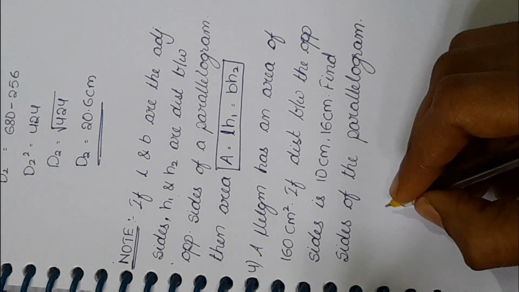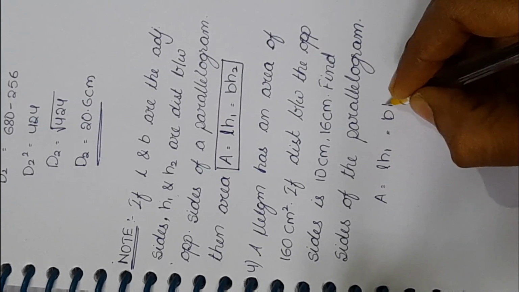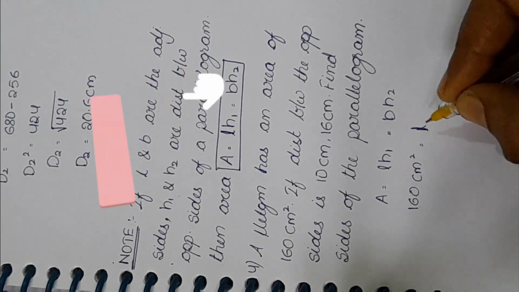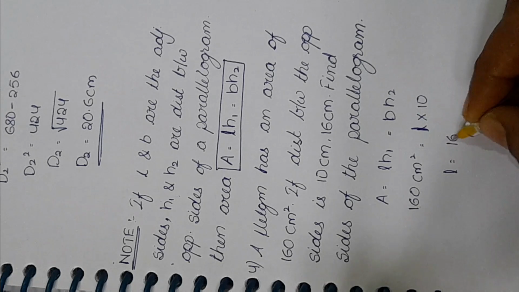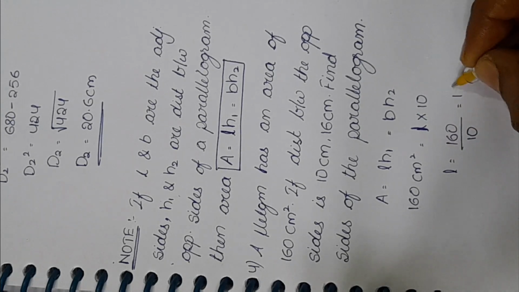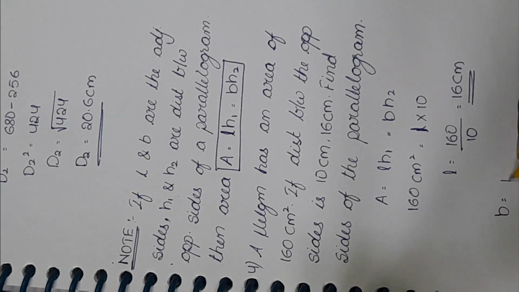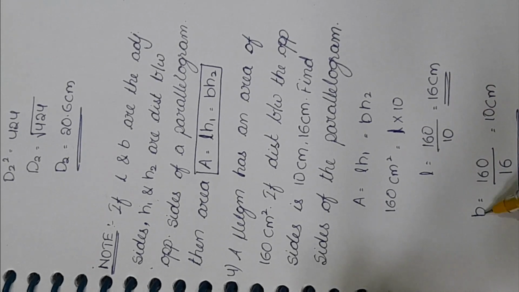Now from the above formula, area is equal to L H1 is equal to B H2. 160 centimeter square is equal to L into H1, whose value is 10. So L is equal to 160 by 10, which is equal to 16 centimeters, and B is equal to 160 by 16, which is equal to 10 centimeters. Length is 16 centimeters and breadth is 10 centimeters.